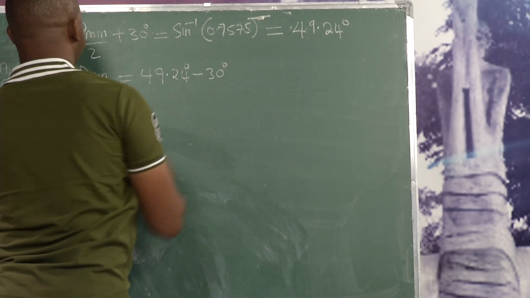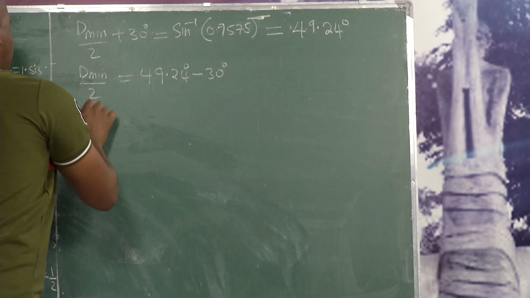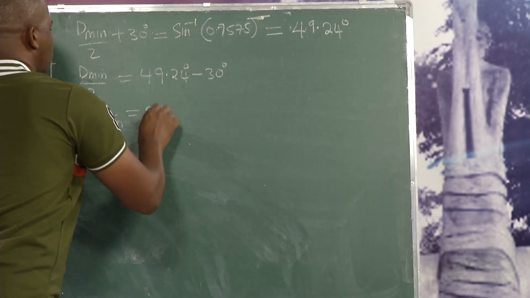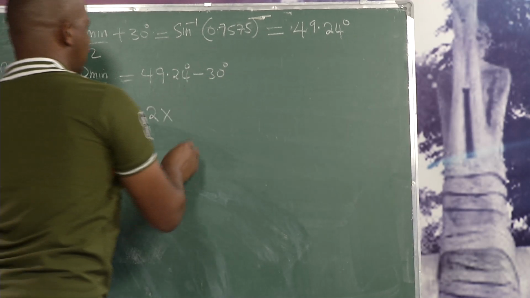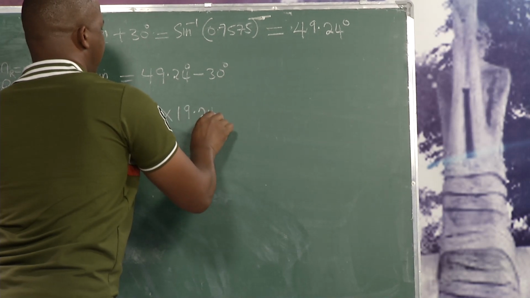30. If we take away 30, we can therefore now say our minimum deviation will actually be equal to 2 times this difference, which is 19.24.